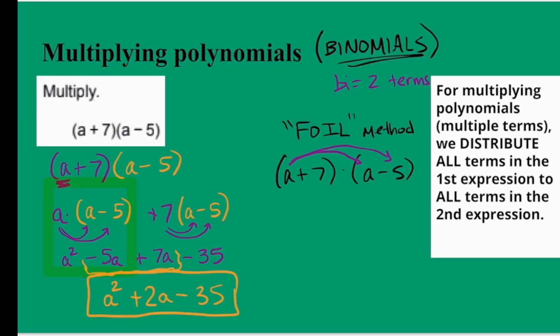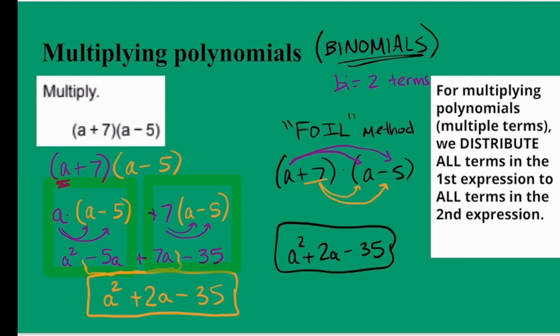Then they do the same thing with the 7. Positive 7 times a, positive 7 times negative 5. That is the same exact thing I did here in the second half of the expression. So the answer is the same. It's just a shortcut on how to get there. If you could do mental math and keep track of it, then you could probably do that.